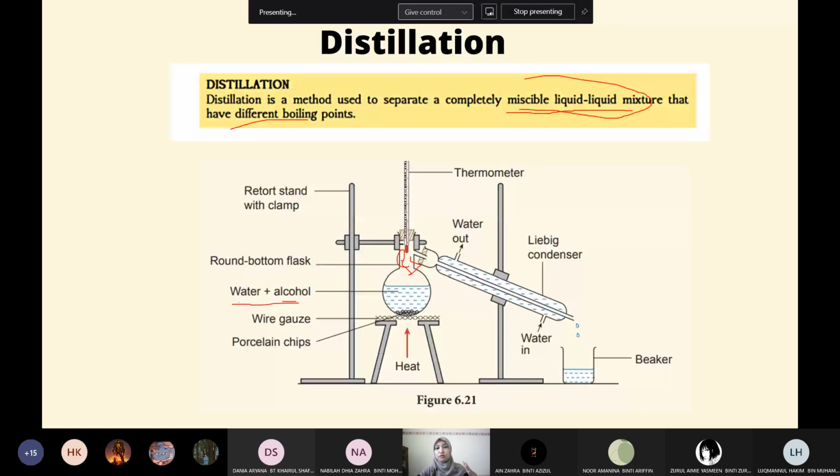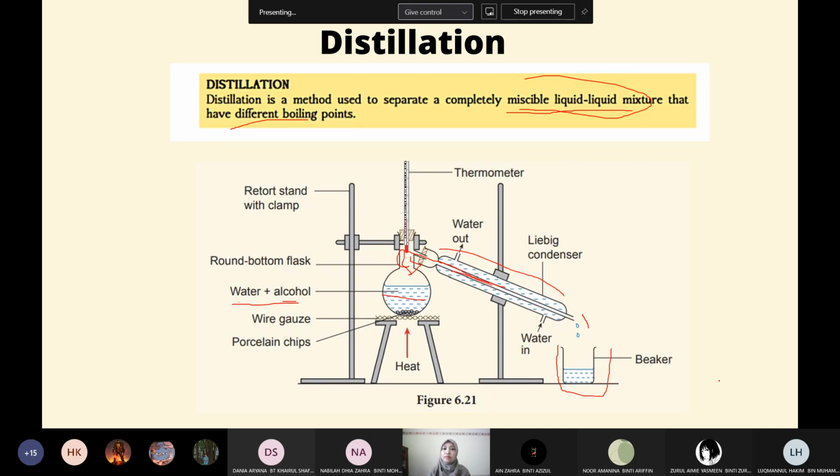The gas will flow through this condenser. The condenser is very cool, so the alcohol gas will convert to liquid, and the liquid alcohol can be collected in this beaker, and water is left behind in the round bottom flask. So this is how we separate a miscible liquid mixture.